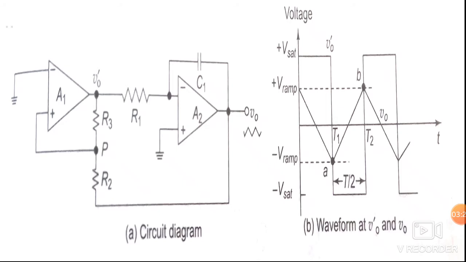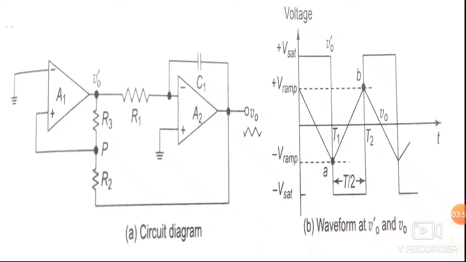As soon as the positive voltage comes at the inverting terminal of A2, the capacitor starts charging in the negative direction. So the output of A2 will be a negative going ramp.